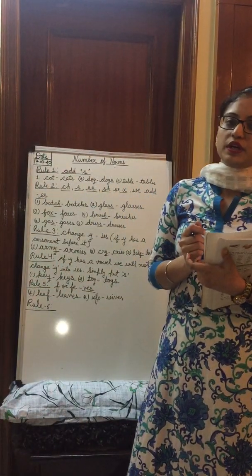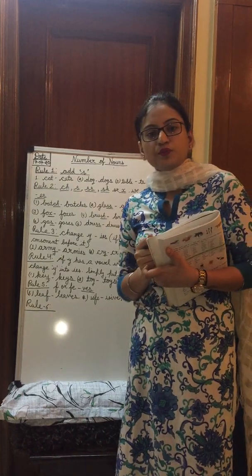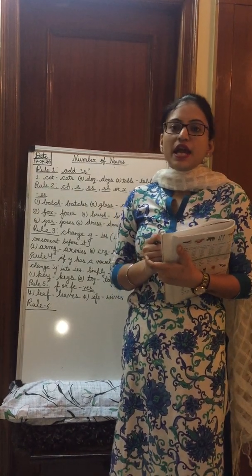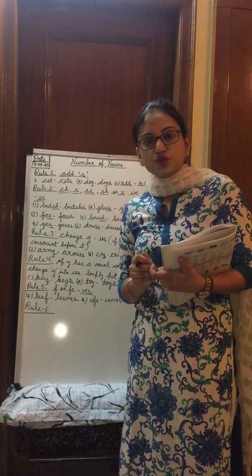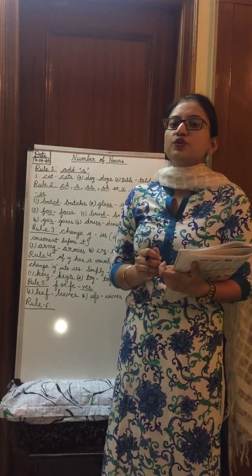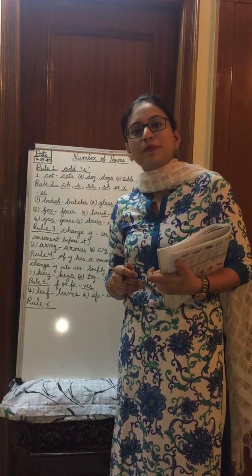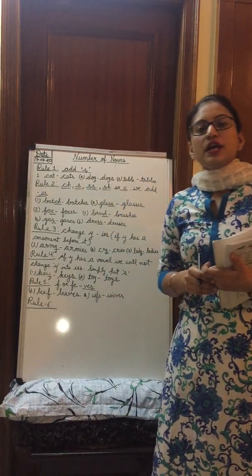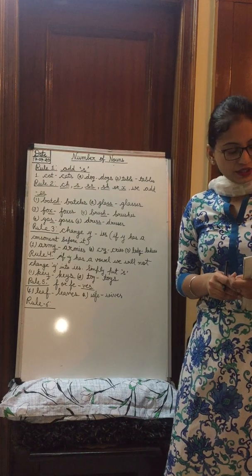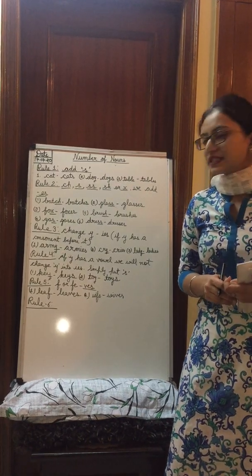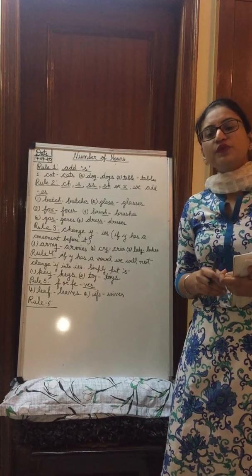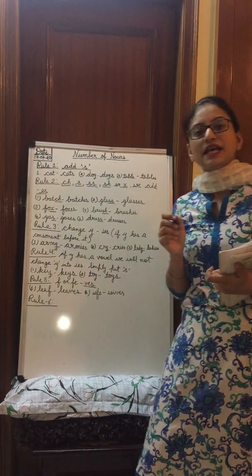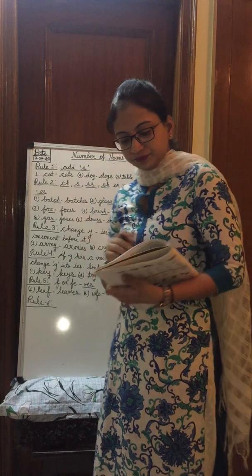If the noun ends with O, we will change this noun from singular to plural by adding es to the end of the word. So what is rule number 6? We don't change O, we simply add es to the word.